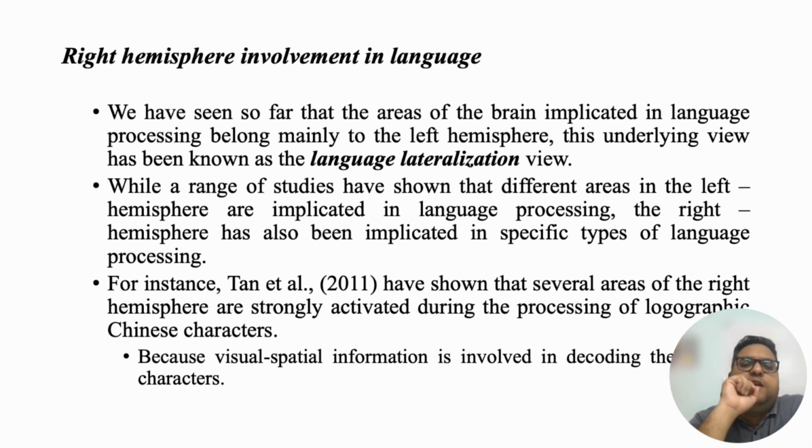For instance, Tan and colleagues actually show that several areas of the right hemisphere are strongly activated during the processing of logographic Chinese characters. Just a bit about logographic Chinese characters: they have a much more visuospatial component than alphabets in English or Hindi for that matter. It is expected that given that the right hemisphere is adept at visuospatial processing, deciphering Chinese logographic characters would take help from the right hemisphere in solving this task.